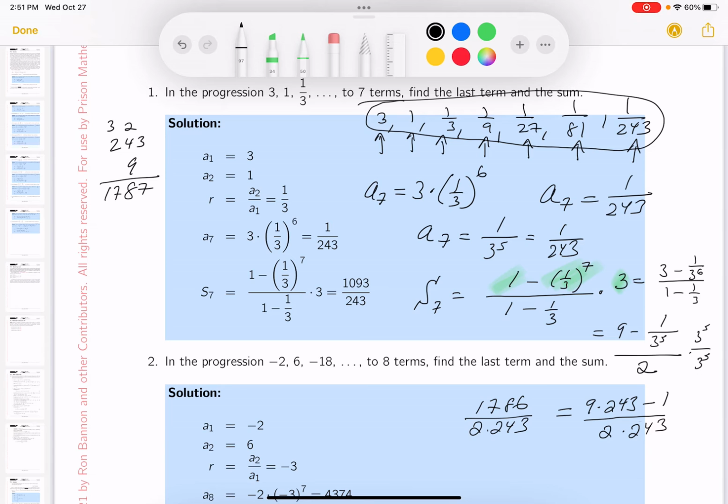Now I'm going to do 2 into 1786. 8, 16, 18. Did I make a mistake somewhere? Oh, I see it now. I made a mistake. I made the mistake over here, and I apologize for that.